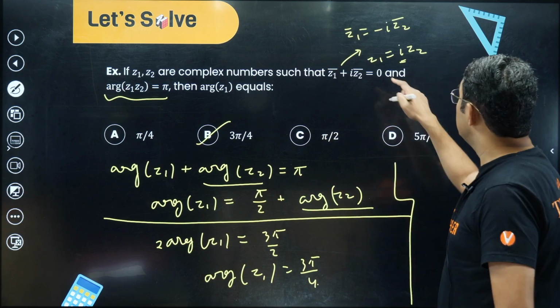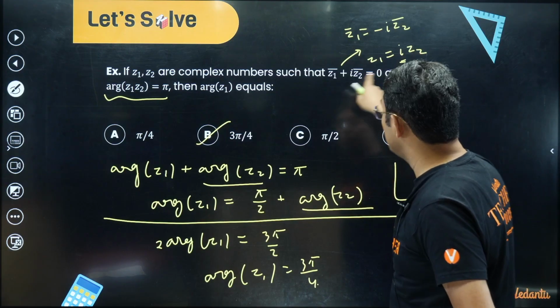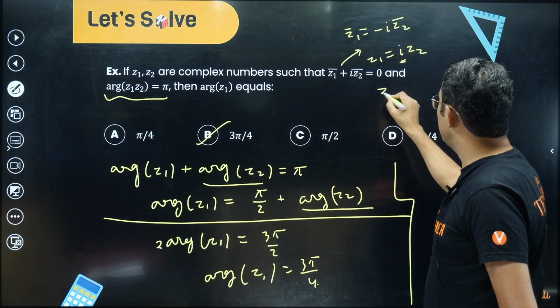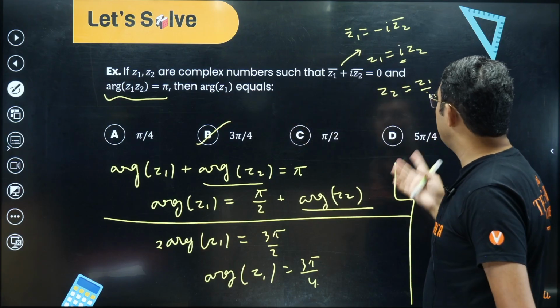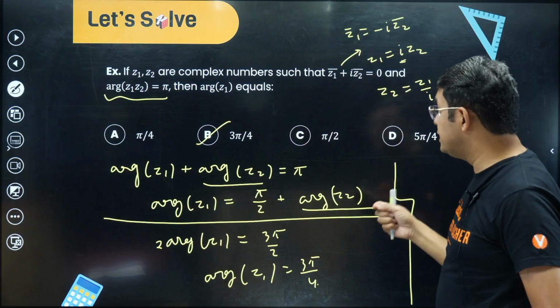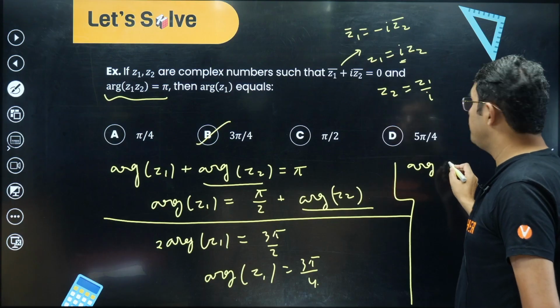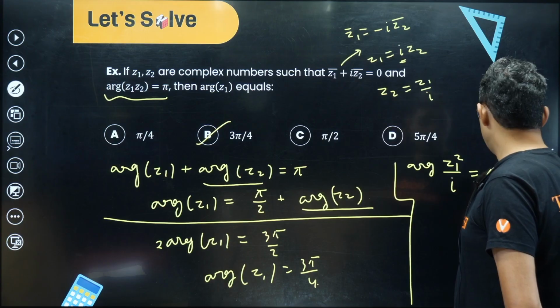Let me tell you. We found z1 is equal to iota z2. So you can put z1 is equal to iota z2 here, or because we are looking for argument of z1, we can put z2 is equal to z1 upon iota here also. It will give you the same thing after one step. If you put z2 here, we will be getting argument of z1 square upon iota is equal to pi.